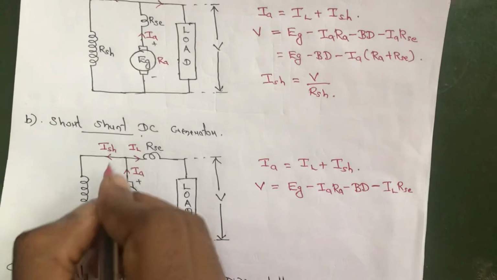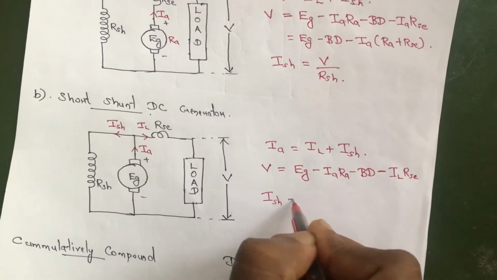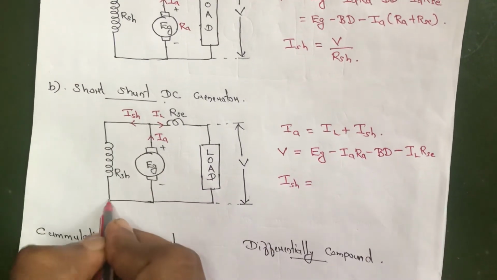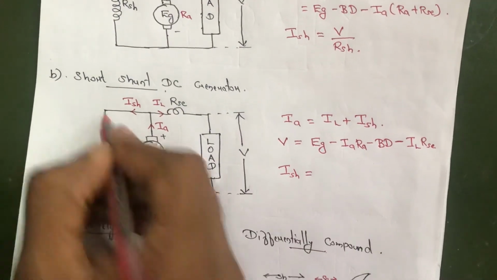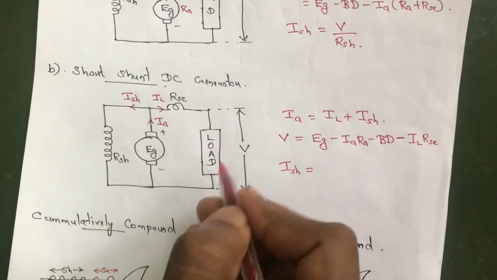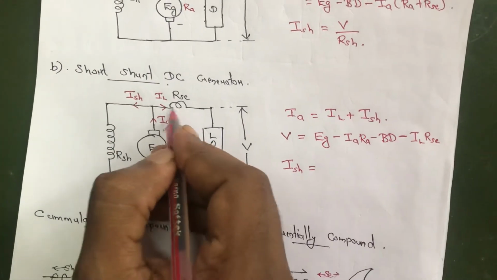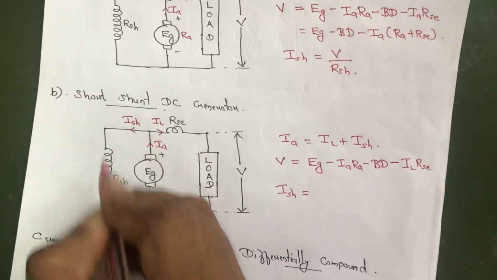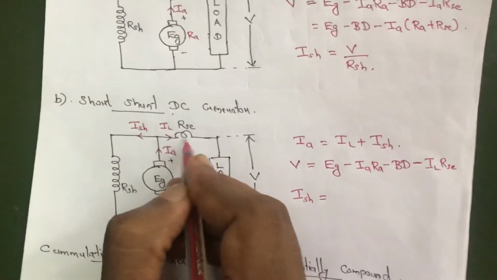Then we have to find ISH, the current through the shunt field winding, which is I equal to V by R, that is the voltage across this resistance divided by the resistance value. Here the same voltage V is not applied across this resistance, because there is some resistance in between. This is not a parallel path, so we have to account for this resistance voltage drop also.